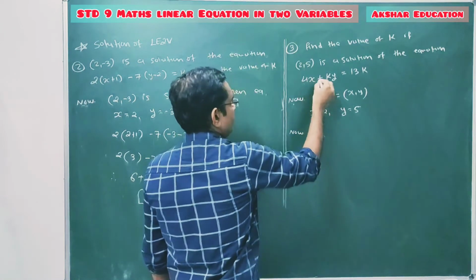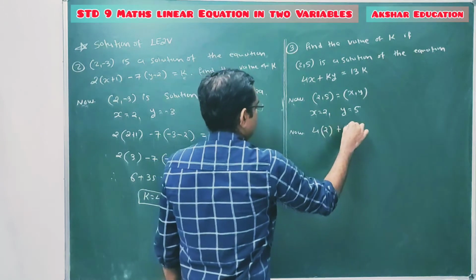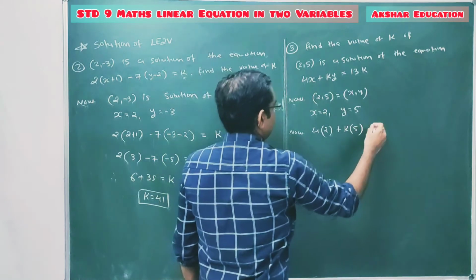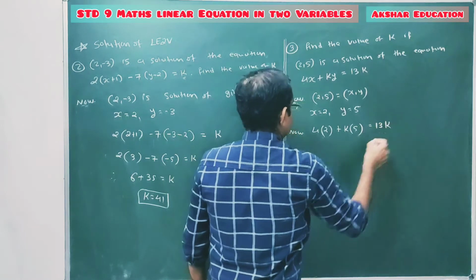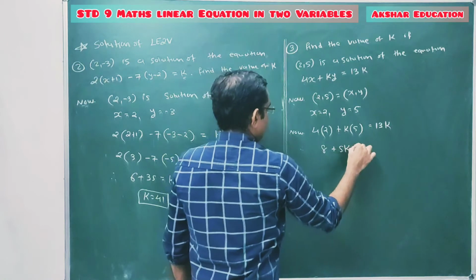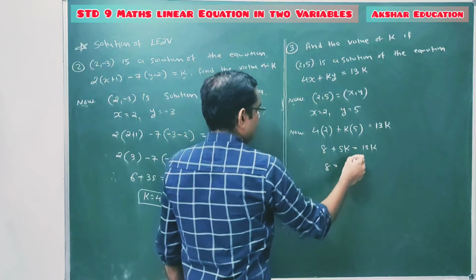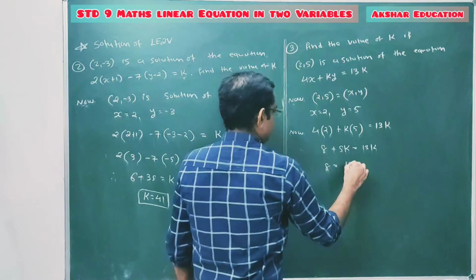So equation is 4x plus ky. So 4 into x, 4 into 2, plus k into y, y is 5, equal to 13k. 4 twos are 8 plus 5k equal to 13k, and therefore 8 equal to 13k minus 5k.